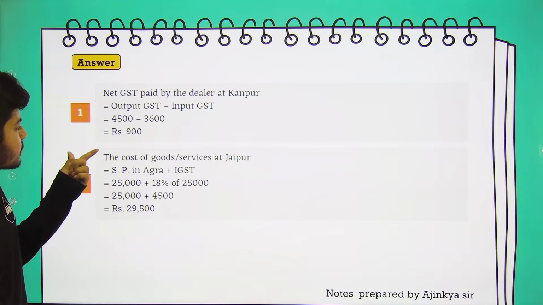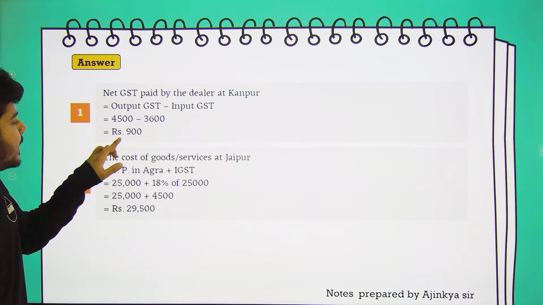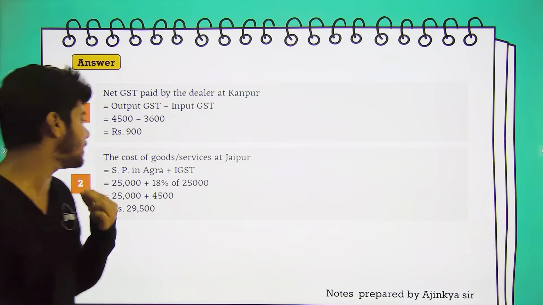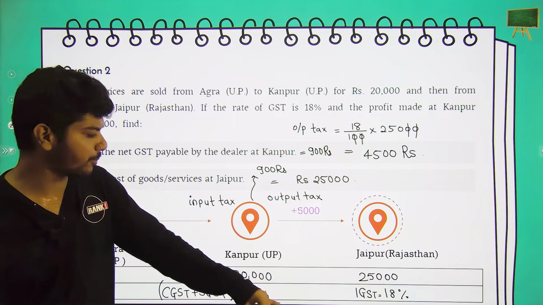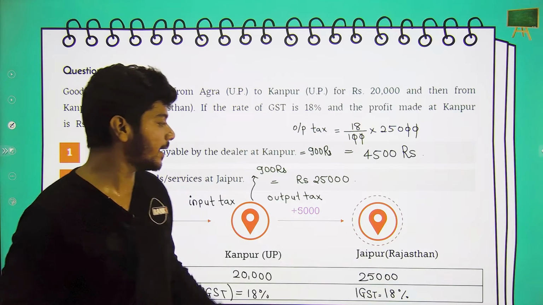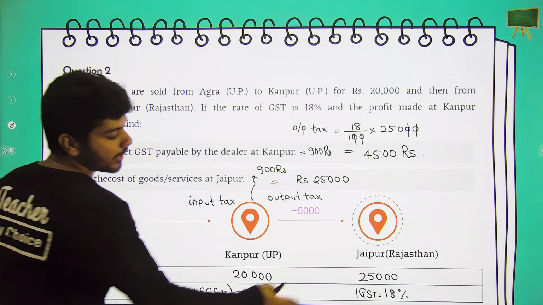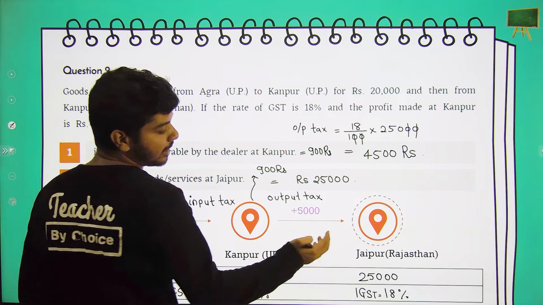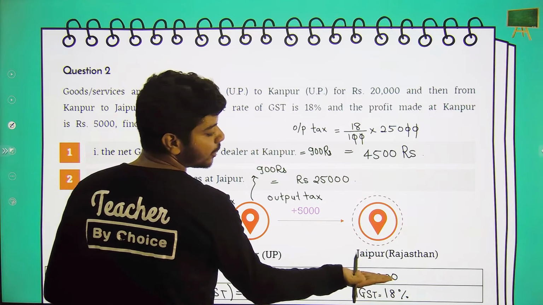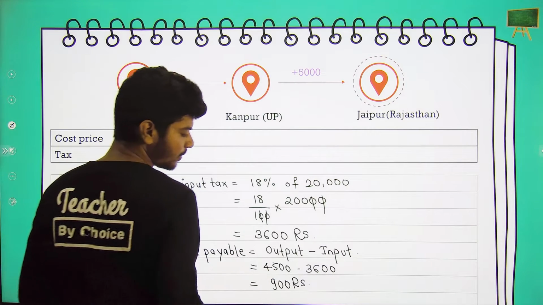The net tax payable is 900 rupees, and the cost of goods or services at Jaipur is 25,000. If they are asking about inclusive, you add the 18% also. You add whatever tax you have calculated to this 25,000.